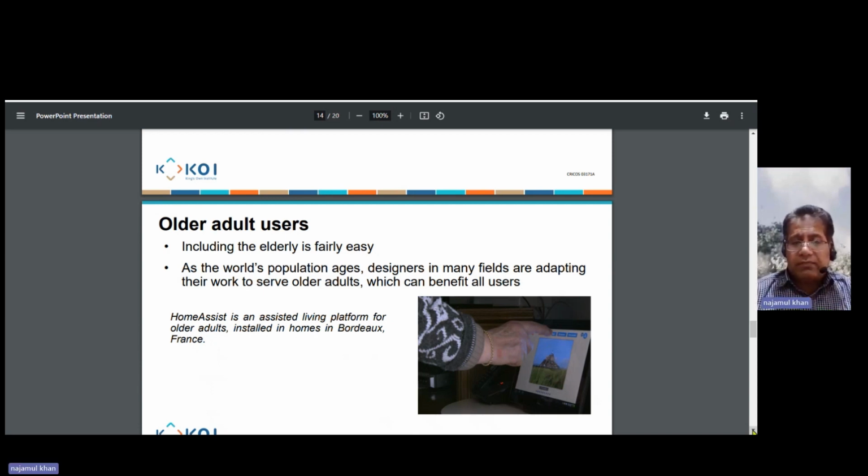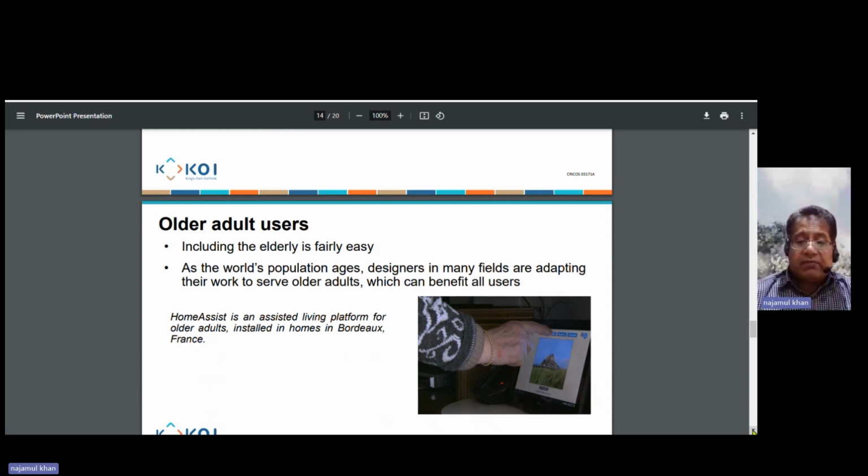Okay, now we have covered that important population group, which is now millions, and their population is growing very rapidly all over the world. It's not just in one country, especially in Western countries, especially in America, Australia. There is a large number of elderly users who also need to use computers, mobile phones and other devices.